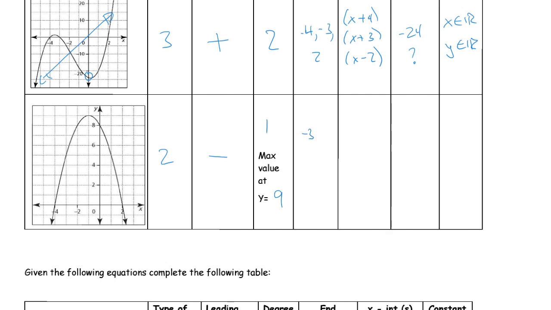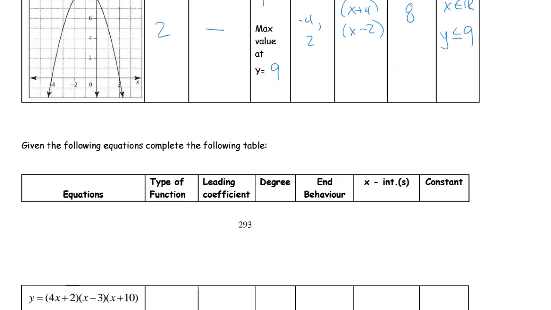Whoops, that's not even vaguely what that looks like. It's going to be -4 and +2, which means our factors are x plus 4, x minus 2. My y-intercept, or constant, is +8. With all polynomials, the domain is all reals. But my range, because this is an even power and it opens down, is less than or equal to that maximum value of 9. And there you go.